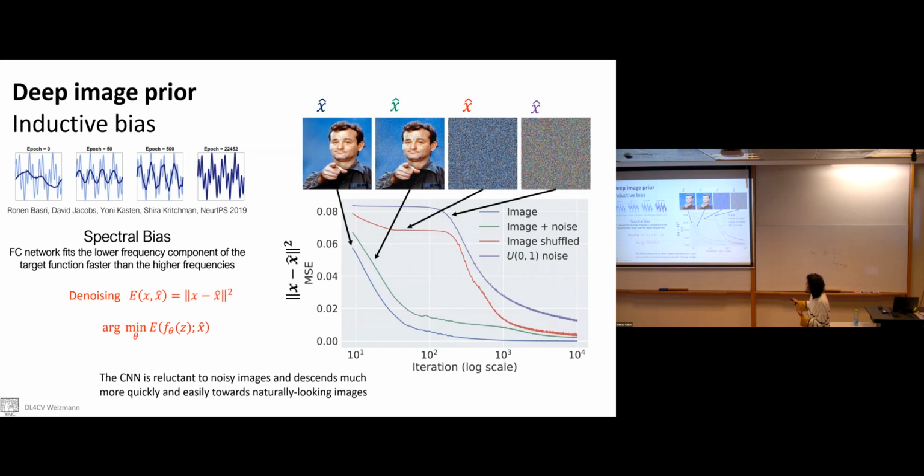This is the reason why we do not boil down here to the noisy images, and before we come to the noisy images, we get the natural images. So there is some idea of an early stopping criterion, since eventually you will get X bar, but if you stop earlier, you'll get the natural image.